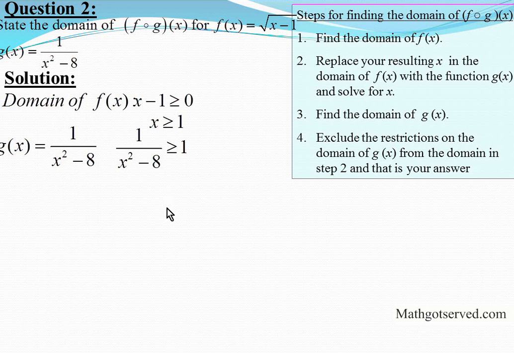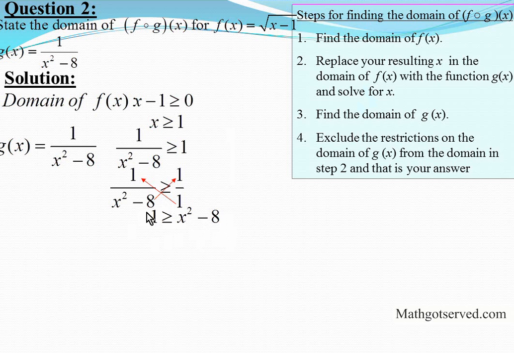So to solve this rational inequality, we're going to express 1 on the right as a fraction. We have a fraction on the left and a fraction on the right. Now we're going to cross multiply. For cross multiply, we're going to have 1 is greater than or equal to x squared minus 8. So the goal here again, remember, is to solve for x after making the replacement.